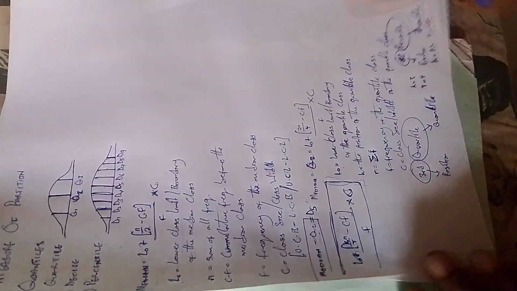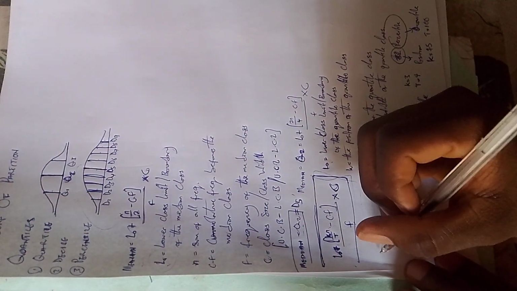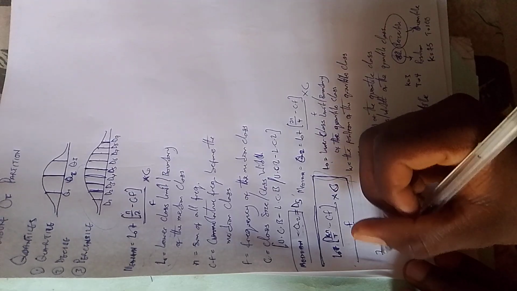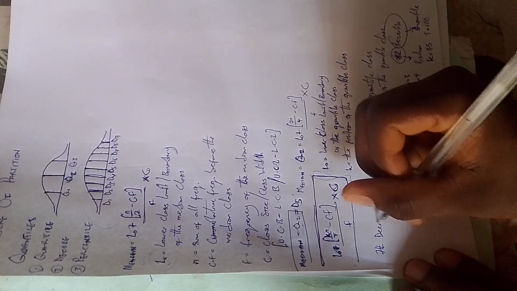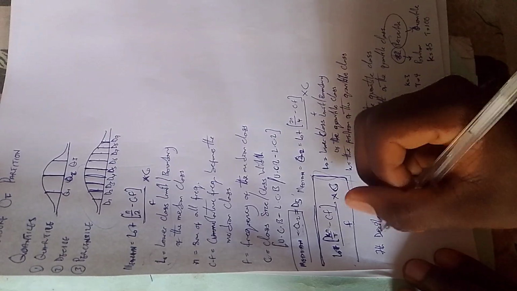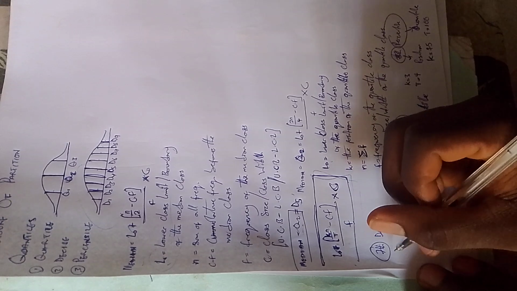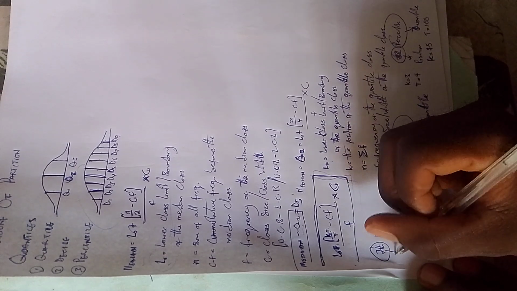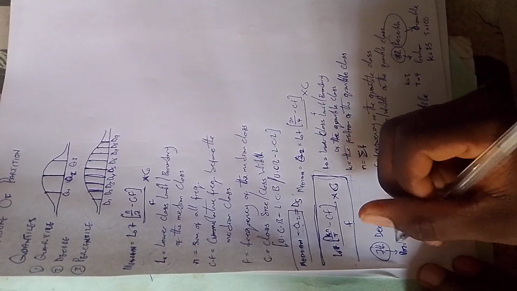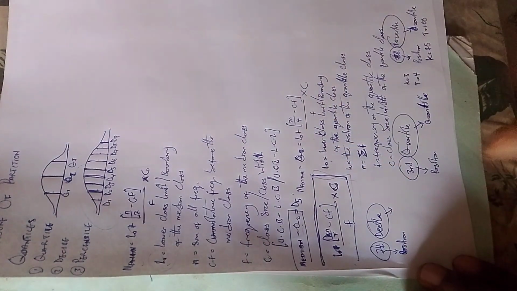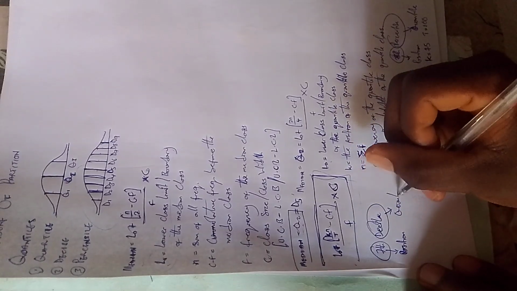Let me give you one more example. If they say calculate your 7th decile, this 7 is representing the position, and your decile is representing the type of quantile you are talking about.